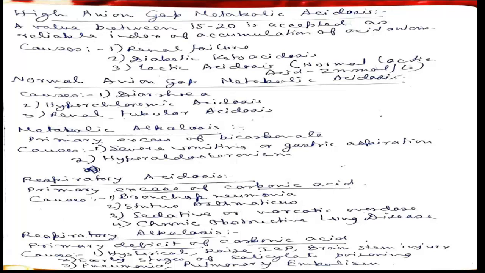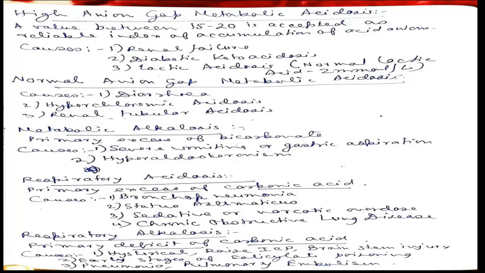Next is respiratory alkalosis. Primary deficit of carbonic acid causes respiratory alkalosis. What are the causes?